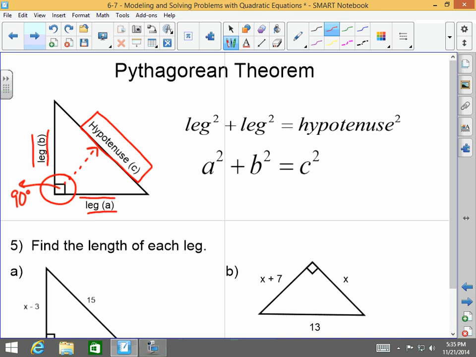That is always C. And the formula for the Pythagorean theorem is leg squared plus leg squared equals hypotenuse squared. Okay? So in other words, A squared, one of the legs, plus B squared, the other leg, equals C squared, the hypotenuse, squared.